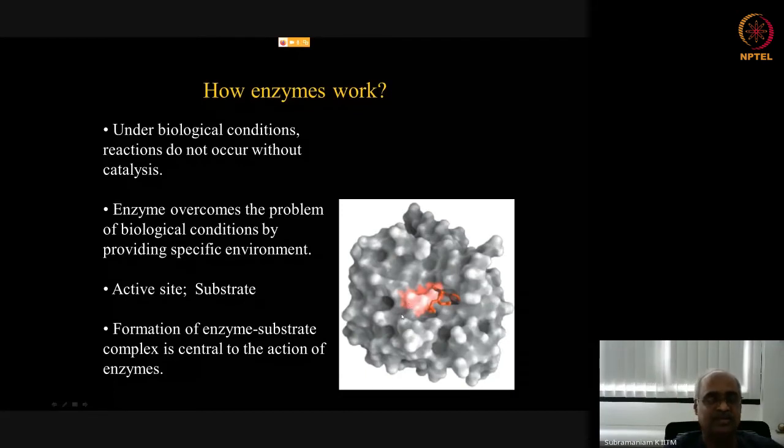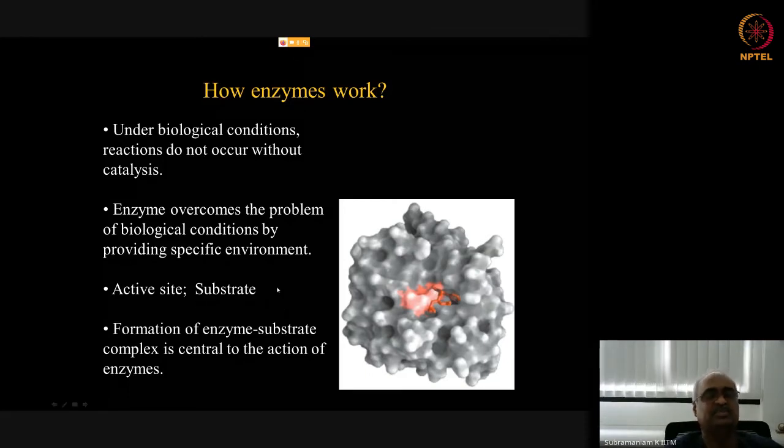And then there should be other groups that enable the reaction to happen. That is the specific environment it provides, and an important term we need to know is the active site. The active site is the site of the enzyme molecule where the reaction actually happens.